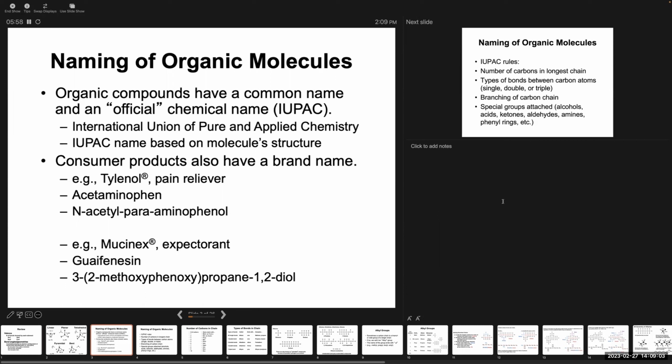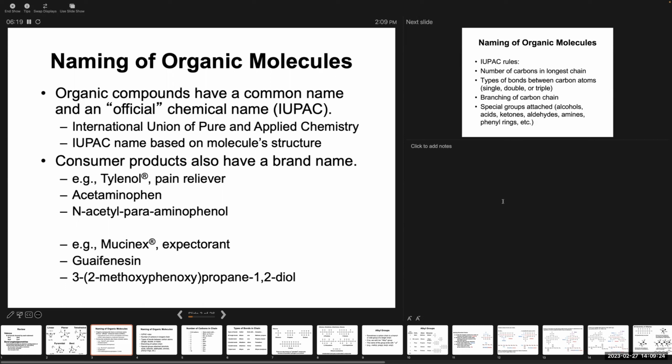You don't necessarily need a whole course in organic chemistry to be a medical illustrator, but it's still very helpful to have some basic understanding of organic molecules, because organic chemistry is the whole basis for biochemistry. It's the whole basis for the molecules of life that we'll be talking about for the rest of the semester. So I want to talk a little bit about the naming of organic molecules.